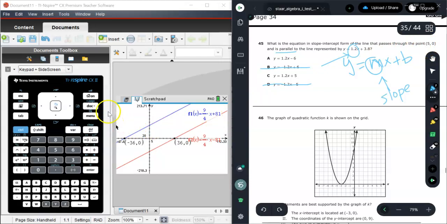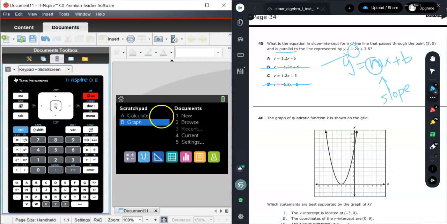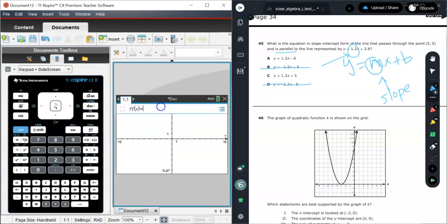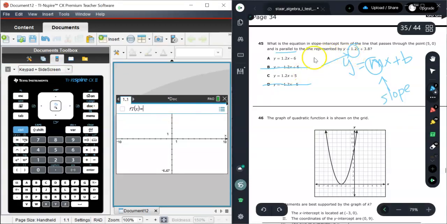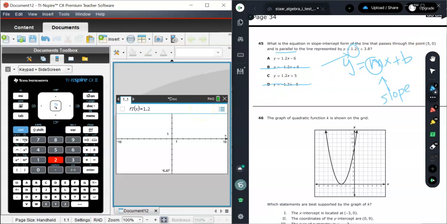Well, if we want to know, we're going to go back over here. I'm going to start a new graph, and I'm going to graph both of these equations and see which one of those equations goes through the point (5, 0). So I'm going to do 1.2x minus 6, and I'm going to graph it.